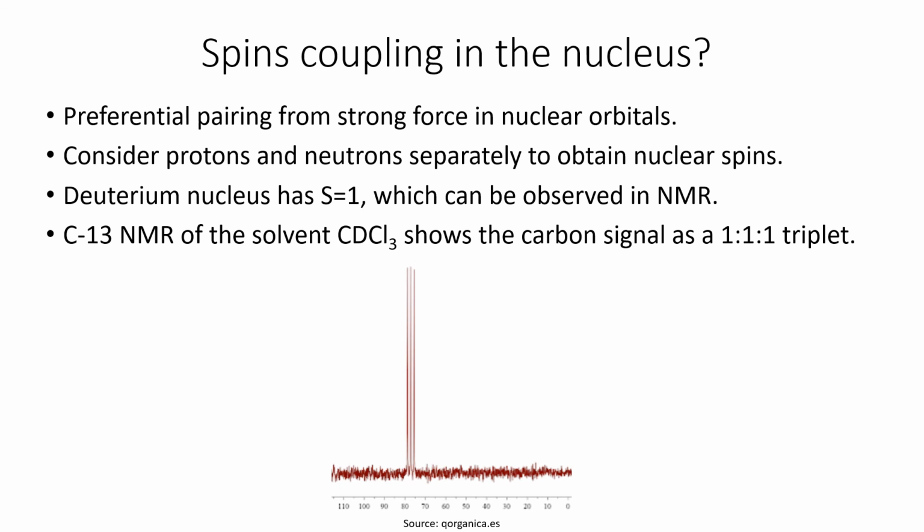And actually you can see on the screen here, just a little example of CDCl3 in a carbon NMR spectrum, so that's the ppm scale at the bottom there. And so it's around about 78 ppm, you see this carbon-13 peak coming out as a 1-to-1-to-1 triplet. So that's a nice curiosity there, all part of the story of spin as we see it in one form or another.